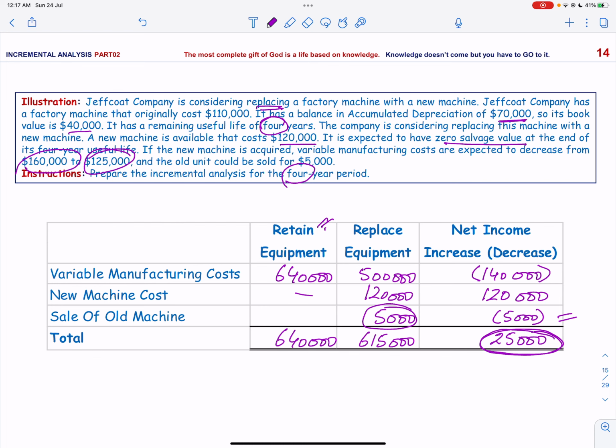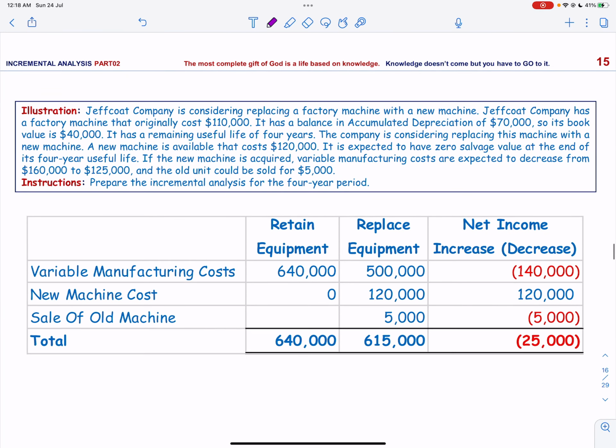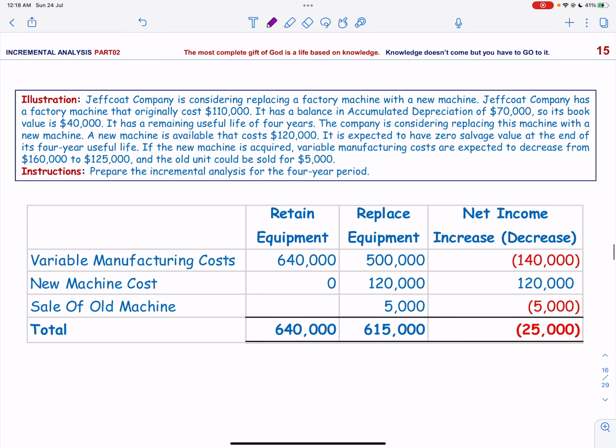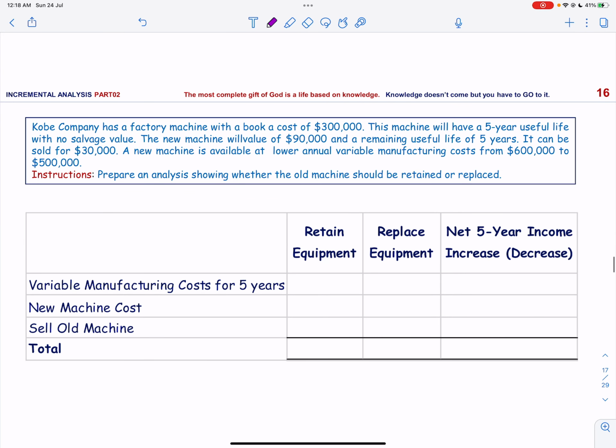Let us look into another exercise, and I have put this in an Excel sheet for your convenience. Now the company has a factory machine with a book value of 90,000 and a remaining useful life of 5 years, with no salvage value.